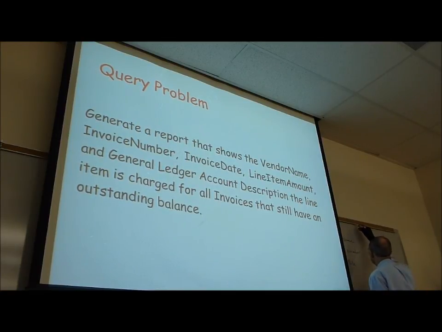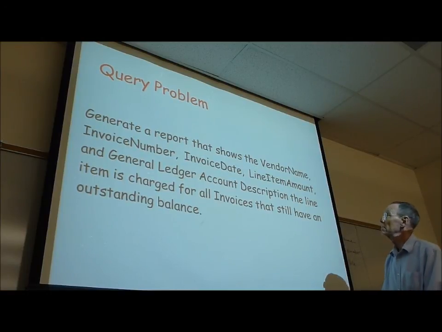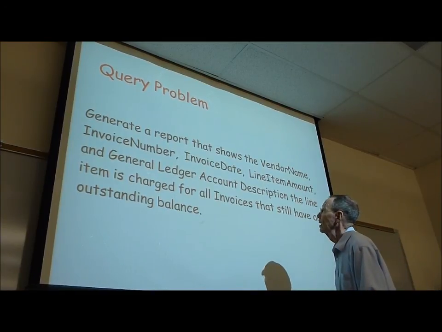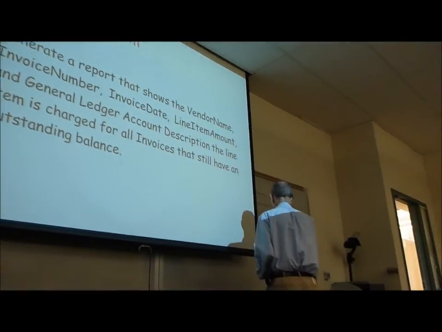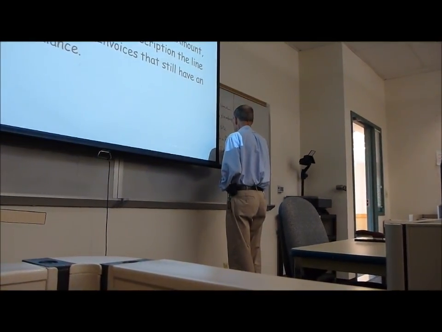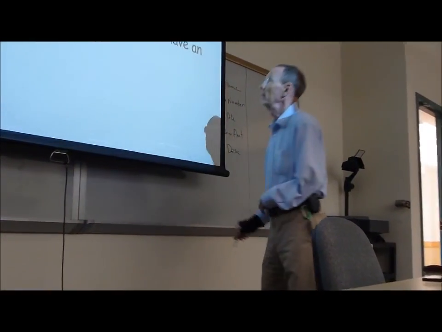Invoice date. Line item amount. Line item amount, that's going to be good enough. The GL account description. GLA descript. My shorthand for that one.